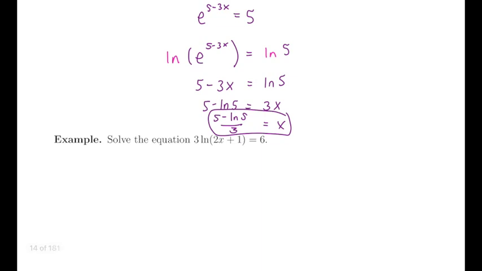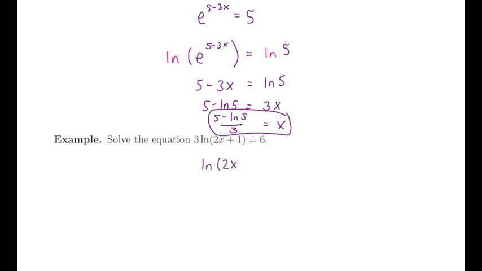Now for the second equation, the x is inside the logarithm. So you need to get this out of the logarithmic function. And how you do that is by raising both sides to a base e. So again, because there is a number multiplied in the front, you have to get rid of that first. So we'll divide both sides by 3.